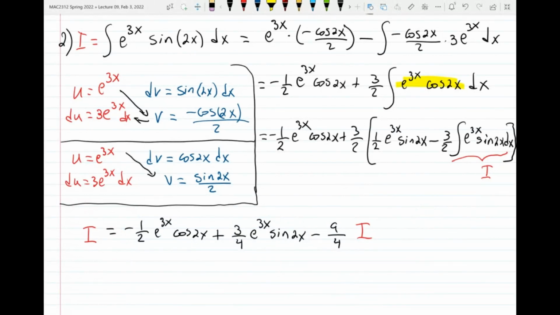So, Melanie. Why do we have minus 1/2? Okay, well, that was at the very beginning. Are you talking about this minus, this one? Okay, that came from here.